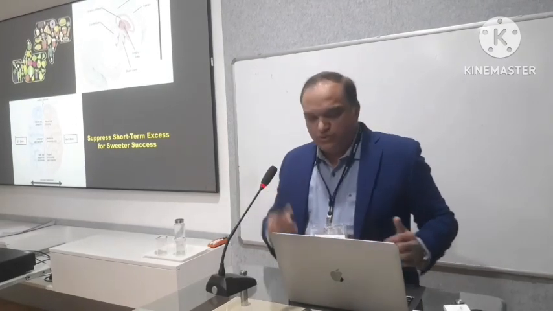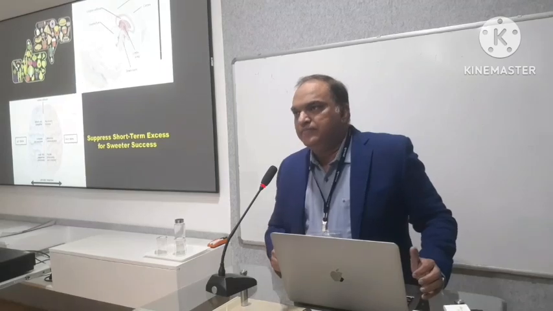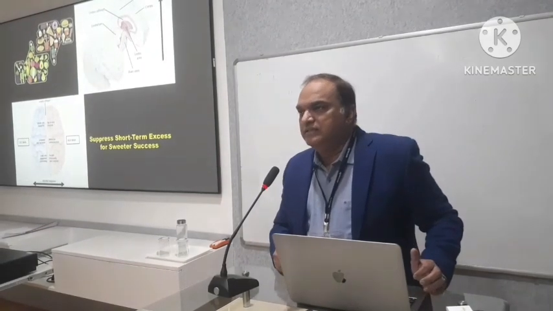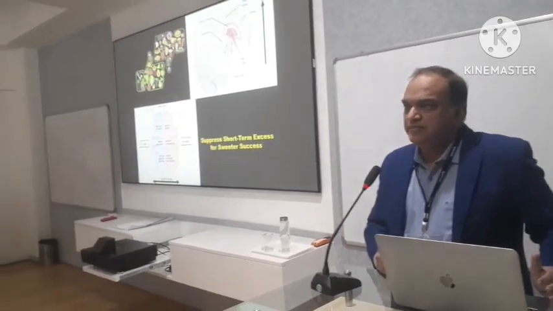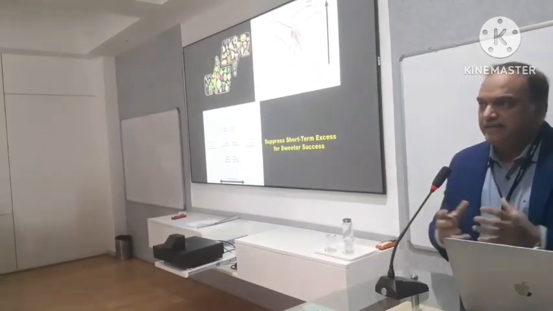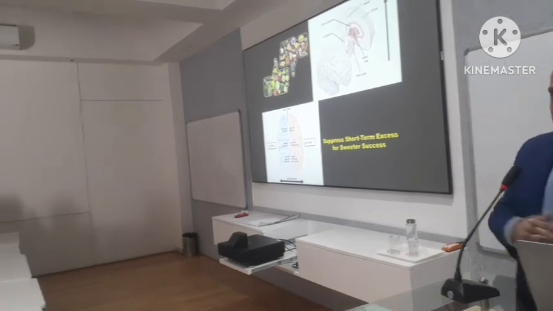Since some of you are software engineers, if I put it this way, your left brain acts like a serial processor, your right brain acts like a parallel processor, and they are connected through the corpus callosum. Why am I trying to tell this?